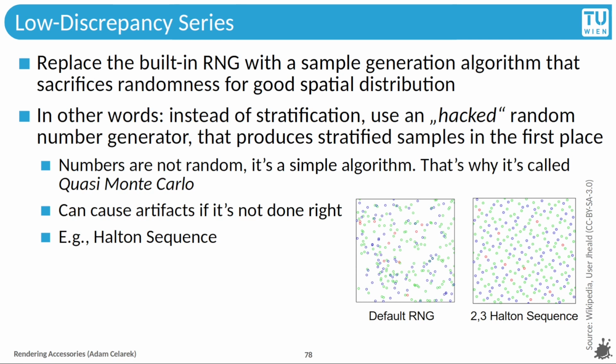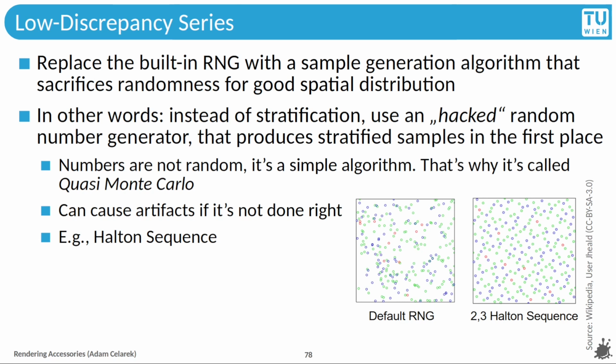We kinda hack the random number generator to produce stratified samples. The numbers are not random, hence Monte Carlo turns into Quasi-Monte Carlo. The Halton sequence in the picture is one example for such an algorithm. The whole thing is a bit tricky to get right, best follow the course book, we have references at the end of this section.